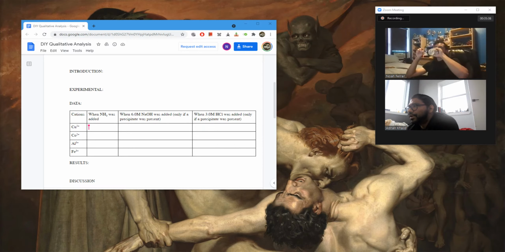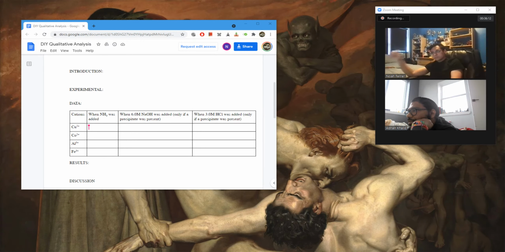So basically what we're doing is we're adding a chemical. First we're doing the separation step. So what we have when we add NH3 is a clear colorless liquid on top, right? Which is probably going to be the aluminum. And then rust colored on the bottom.